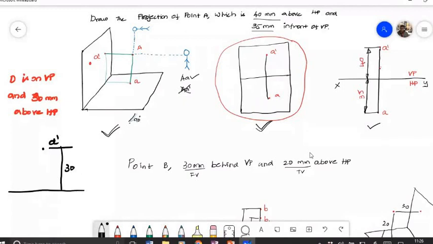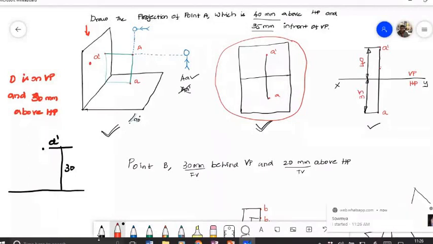So how will the top view look? Like a point, but what will be the position of the point? Sir, it will be on the horizontal plane. It will be on the horizontal plane, but it is on the vertical plane, right? So if you see from here, what will happen? You will see the point is also on the reference line.